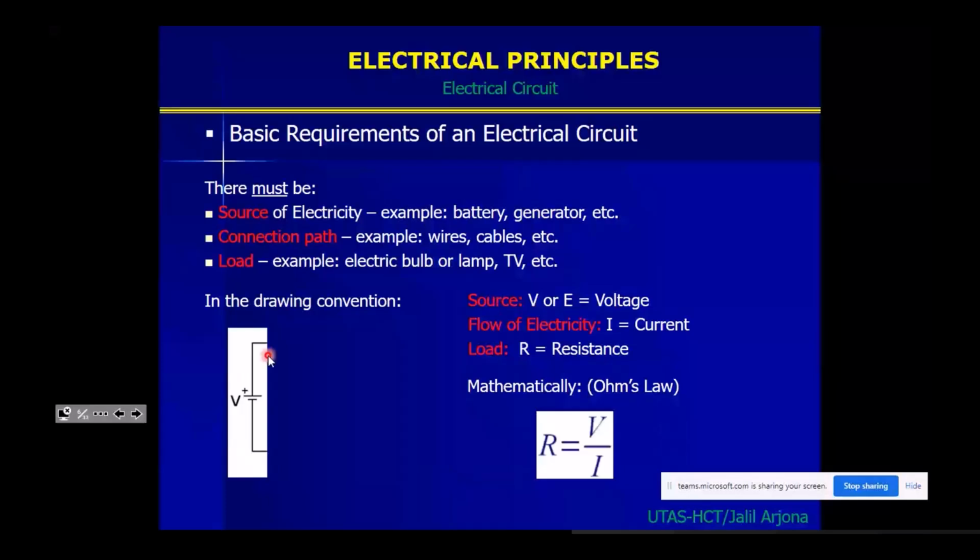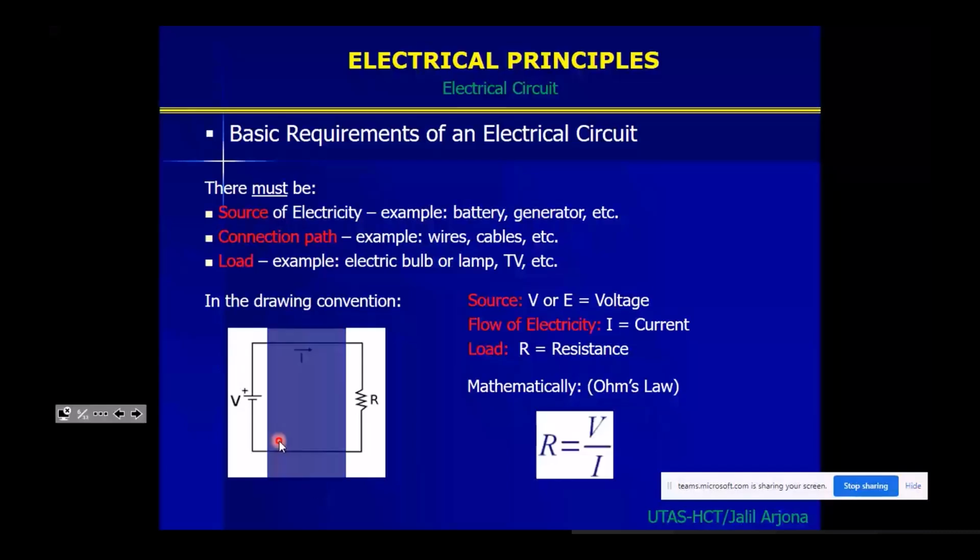Now, the next requirement is the load. The load is a resistance. This is the symbol of the resistor or the load, and it is symbolized by R, the quantity of measurement of the amount it takes or gives, R or resistance. Now, these two cannot be a circuit without the connecting wires.